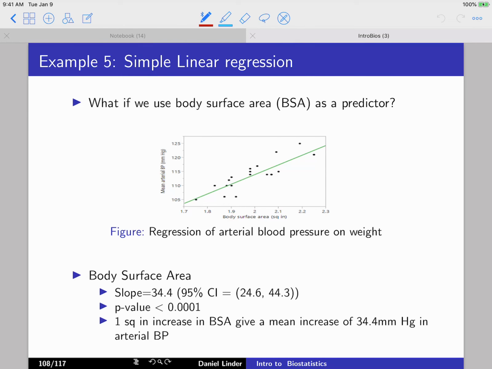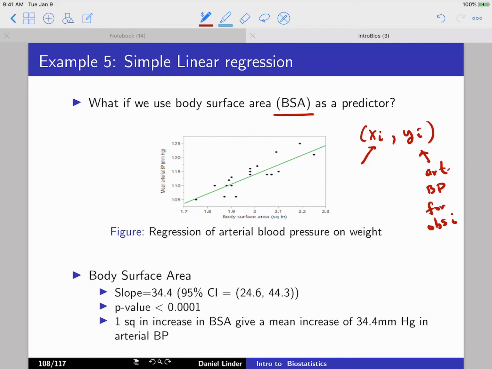Alright, we can also look at another one of these other measures for this data set, which is body surface area, which I've abbreviated as BSA. And this is a scatter plot of the points, xi, yi. The yi is still the same here. It's the arterial BP for observation i.